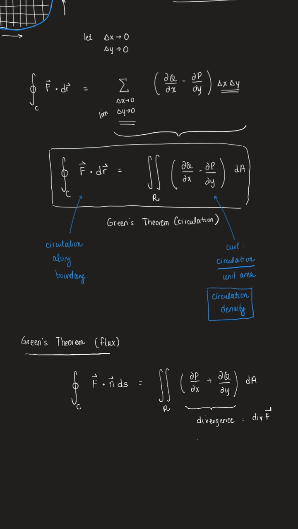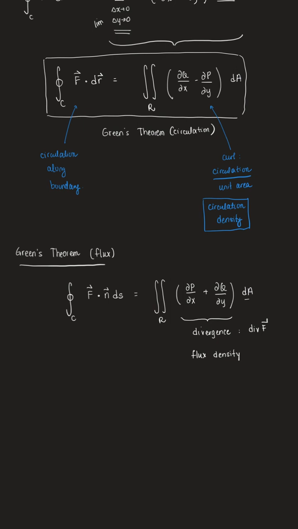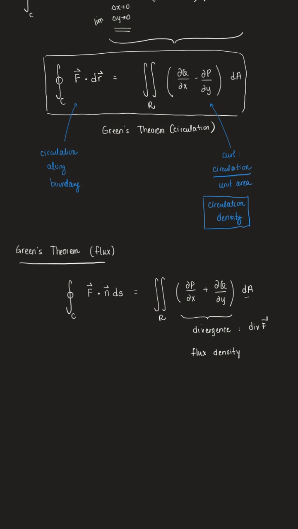And it measures flux density per unit area. So it tells us how much flux per unit area. We multiply by the area element, add them all up, and it gives us the flux around the entire curve along the boundary. And that is the version of Green's theorem that tells us how to calculate the flux line integral for a vector field over a curve.